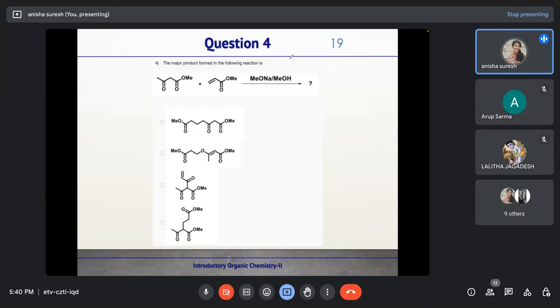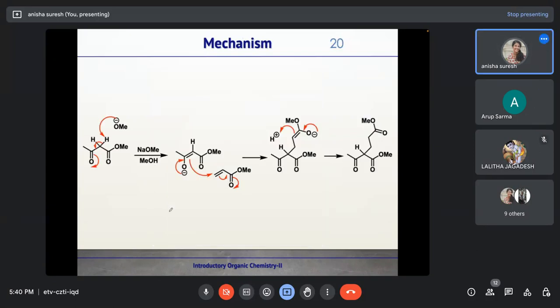So what will be the product that will be formed? Last option. Last option will be the right option. We will see the mechanism.